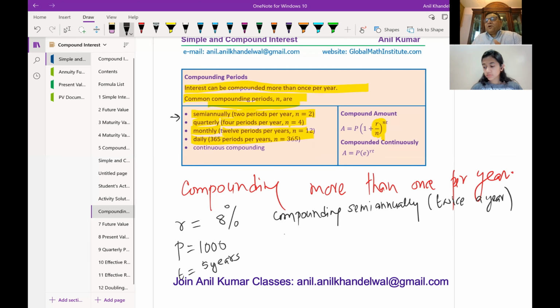Since you are compounding twice, your rate of interest of 8% will be after 6 months how much? Half, right? At the end of the year, it is 8% per annum. So when you do this, the number n is 2. 2 is the compounding period.